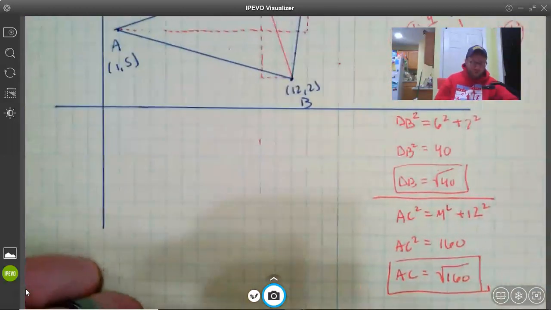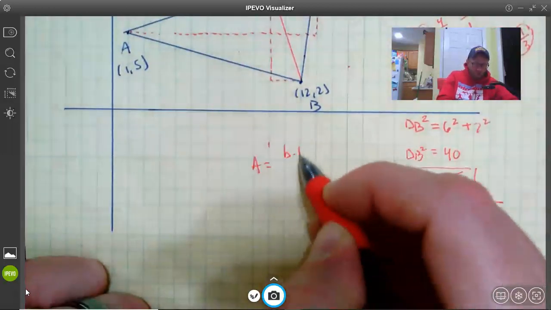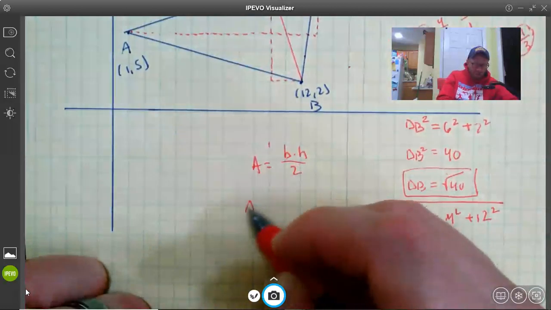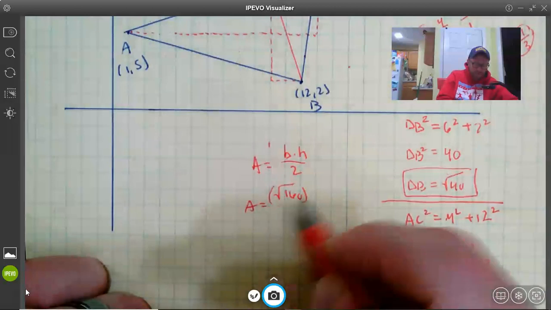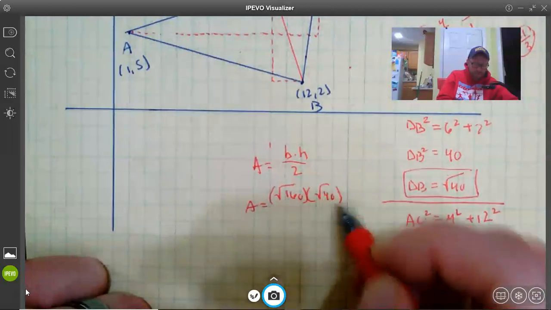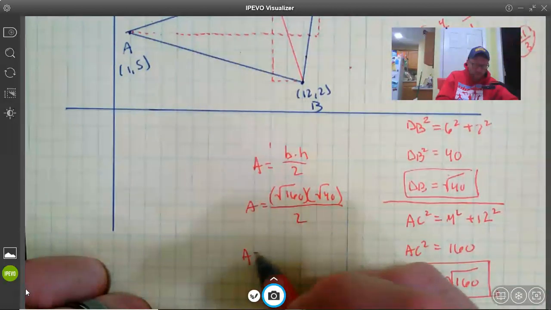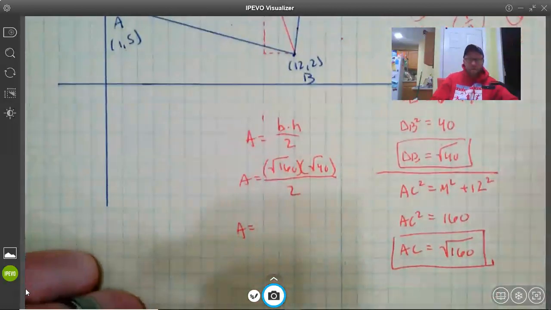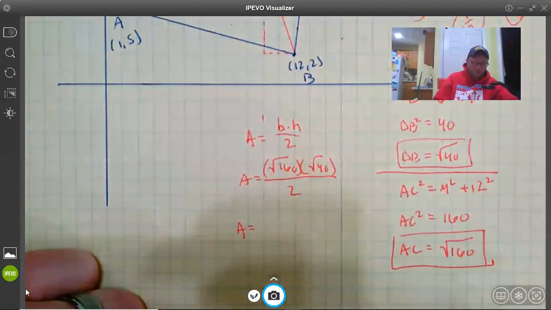So use our formula, which is area equals base times height over 2. So our base is square root of 160. Our height is square root of 40 over 2. 160 times 40 is 6,400.